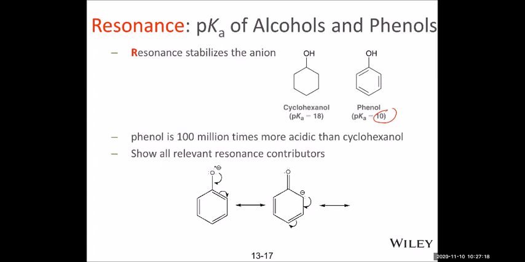Once the phenol is deprotonated to the phenoxide ion, it can have resonance, and the negative charge can be dispersed among several carbons. So through the resonance, the negative charge will be distributed among those sites. And the delocalization of the negative charge helps stabilize the phenoxide. It's even more acidic.